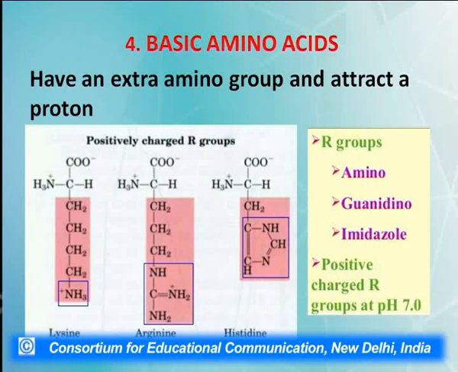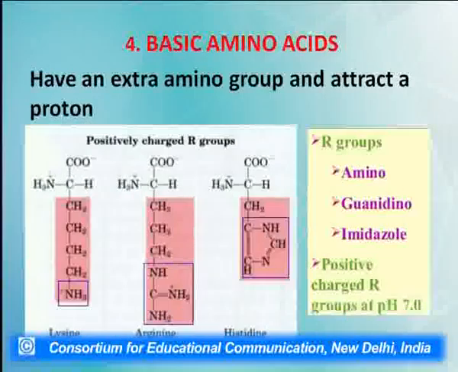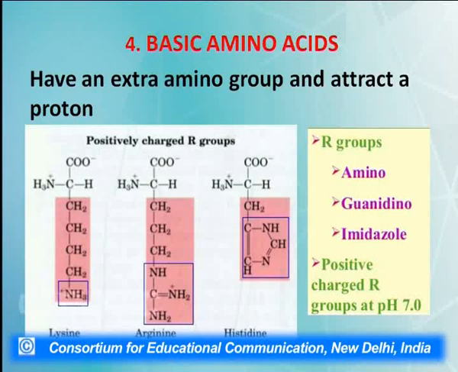Now if we talk of arginine, then in arginine the side chain has a guanidino group. The guanidino group is NH single bond C double bond NH2 positive and then a single bond NH2. And this is the basic structure of guanidine. So arginine is basic in nature because of the presence of this guanidino group in it.